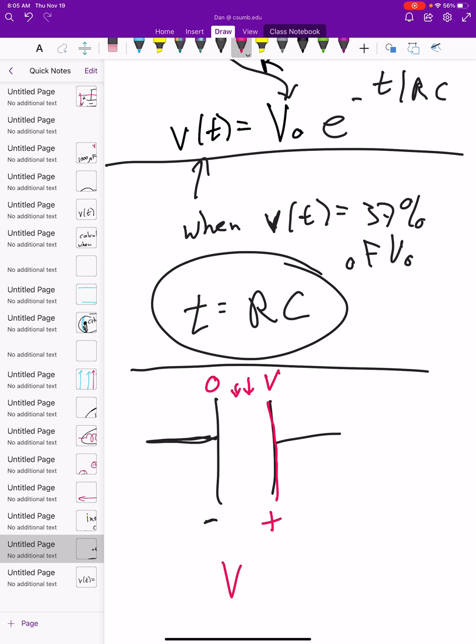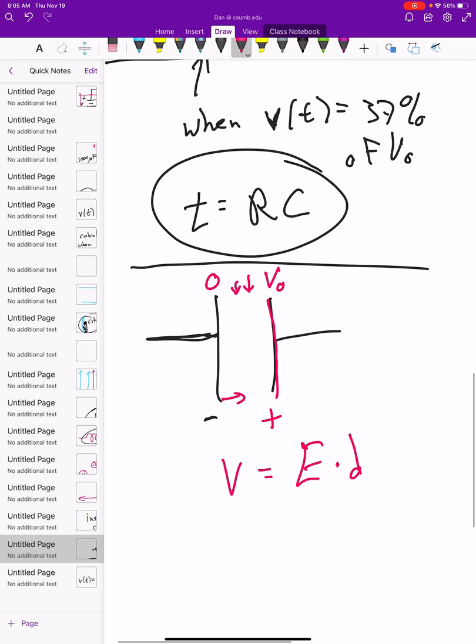The potential at any distance between these two plates is going to be equal to the electric field times the distance from the negative plate. So when you get all the way to the positive plate, your potential will then be the full potential, V0, between them. But anywhere in between these, it builds up linearly until you get to the top.